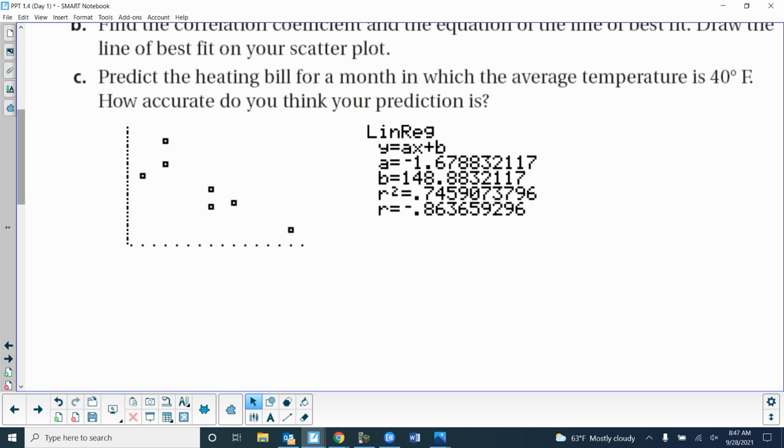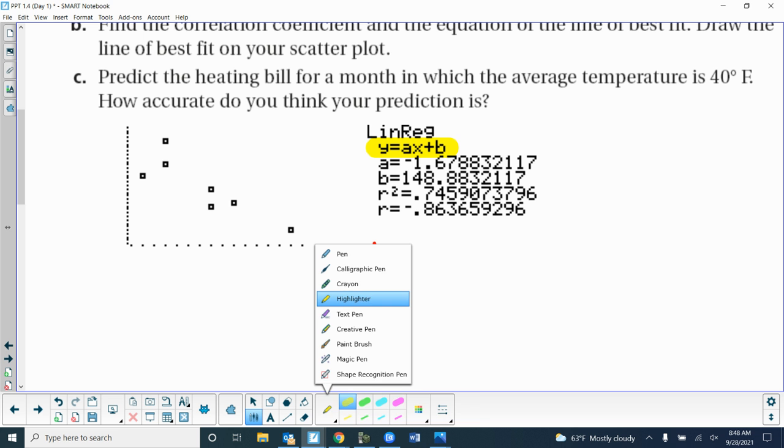What's our equation, William? What's our equation of our line of best fit? It's all in front of you. Okay, that's the equation. So it tells you what A is.